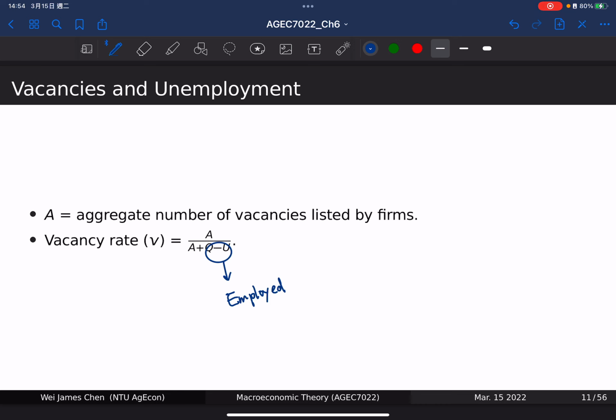But if you aggregate over all the firms, the same thing applies. So no matter what, if a job position has already been filled, that's employed. If it hasn't been filled yet, that's a vacancy. So if you add them together, that's the total number of jobs.